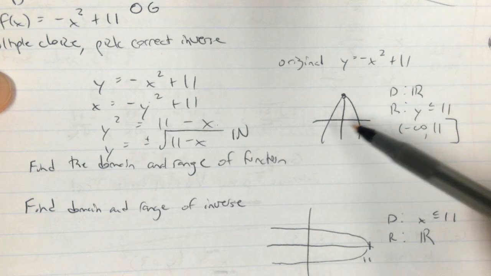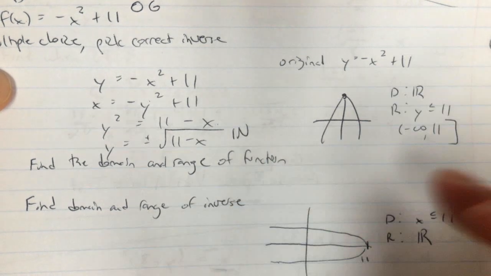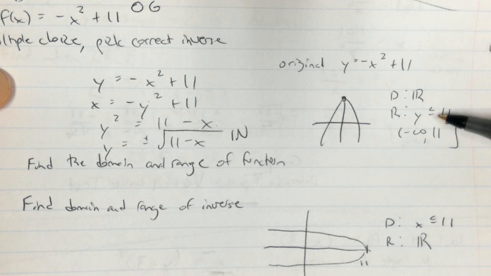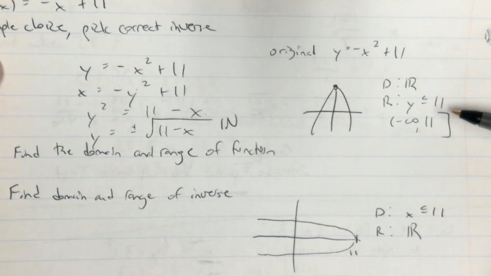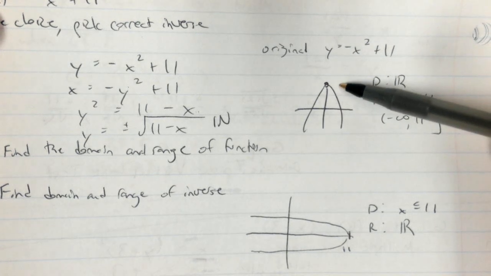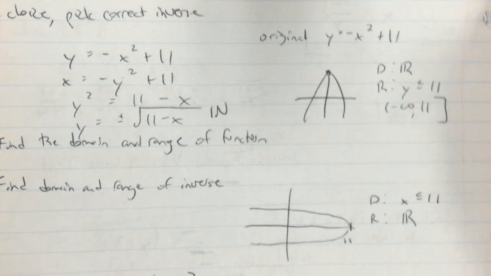So your domain would be all real numbers, because this keeps on getting wider and lower than 11. So y less than or equal to 11. So again, that would be like negative infinity, comma 11, bracket, because it does include the 11.